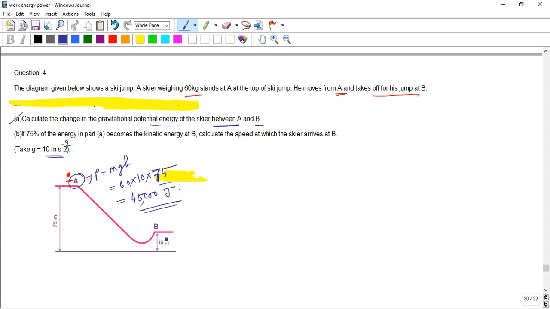Now, what is the potential energy at point B?